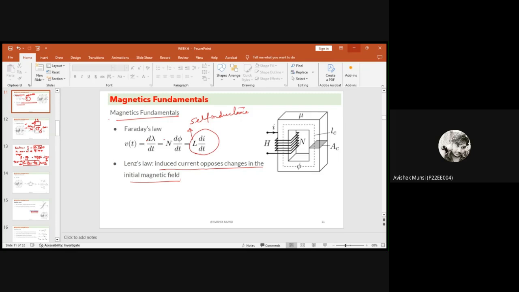Whenever we have a transformer, we have two coils, so there is a mutual inductance between them. If you have a coil with self inductance L1 and another with self inductance L2, the inductance created between them is called mutual inductance.